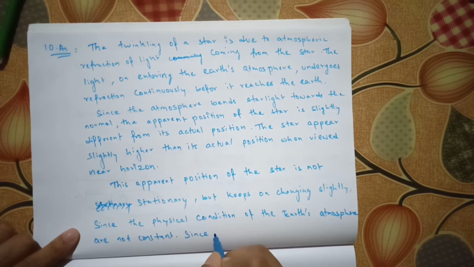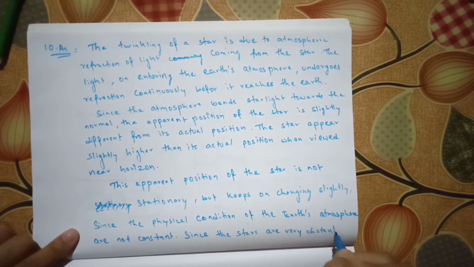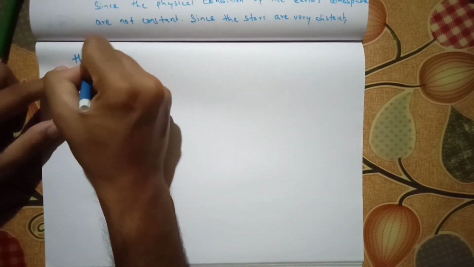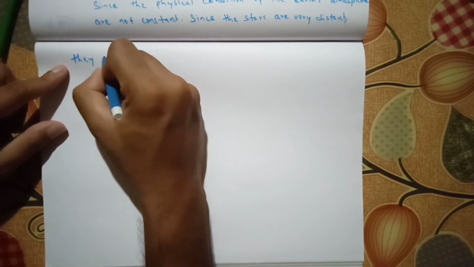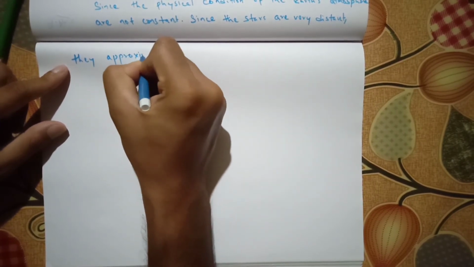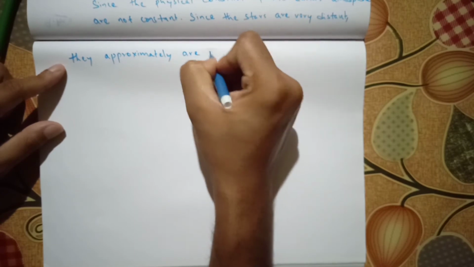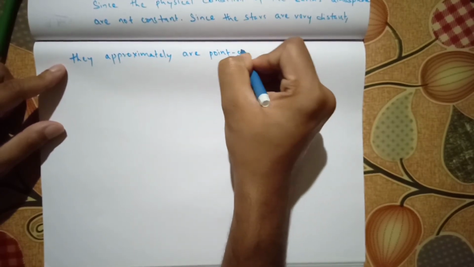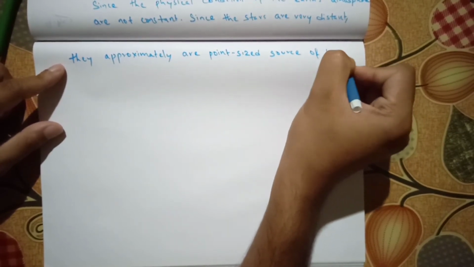Since the stars are very distant, they are approximately point-sized sources of light.